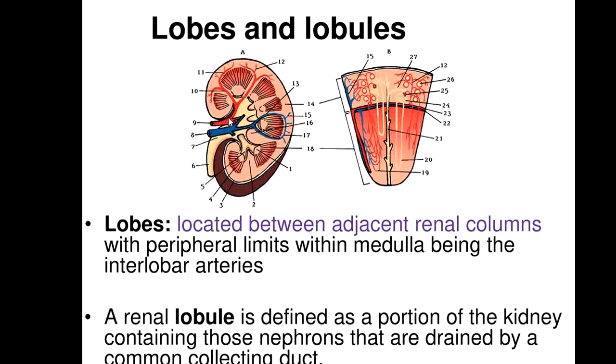This renal artery goes inside the kidney and forms a large number of branches. These are called interlobular arteries. And this interlobular artery further gives branches which are called arcuate arteries.